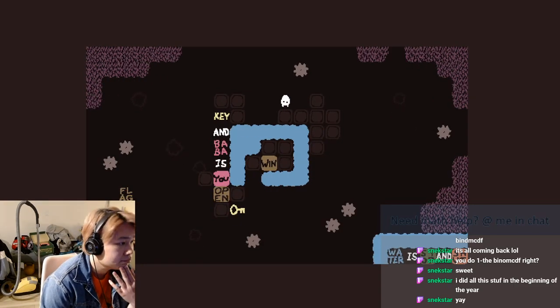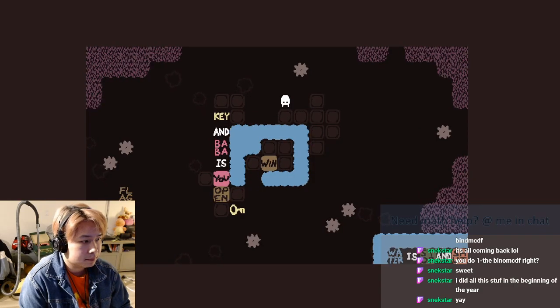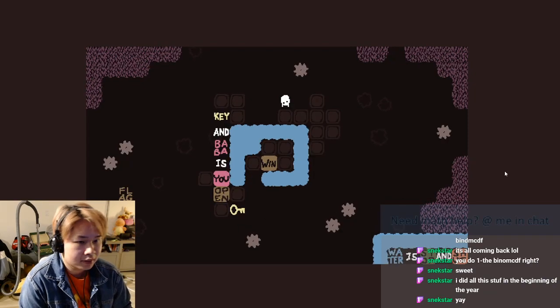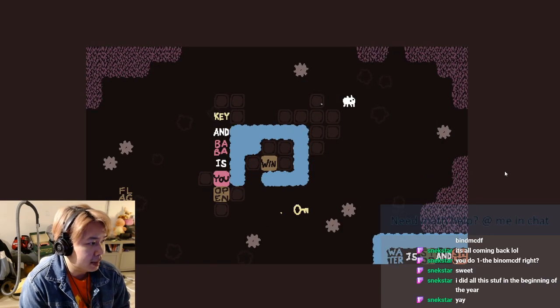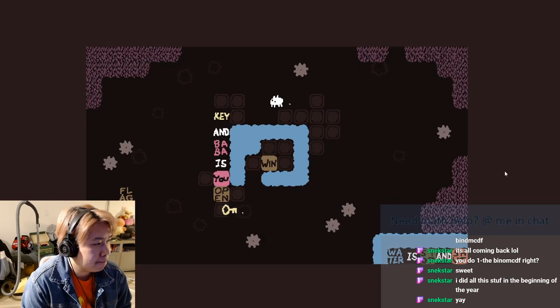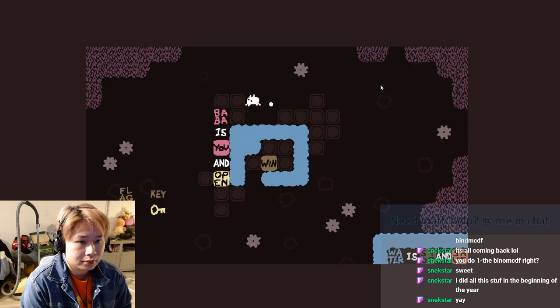So I'm kind of stuck. And again, there's a flag here, but it doesn't really matter if I'm using the key or the flag. So any hints are appreciated. Otherwise, I've been thinking about this puzzle on and off, and I'm still stuck. But I guess I'll just keep trying stuff.